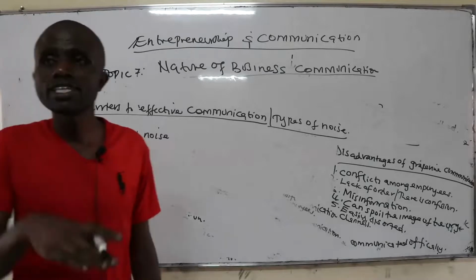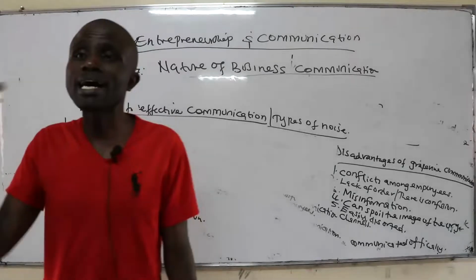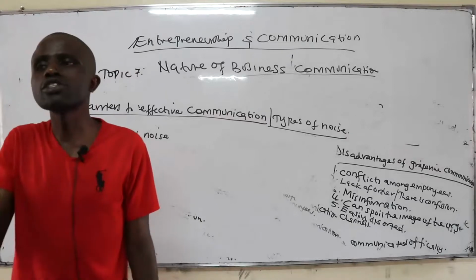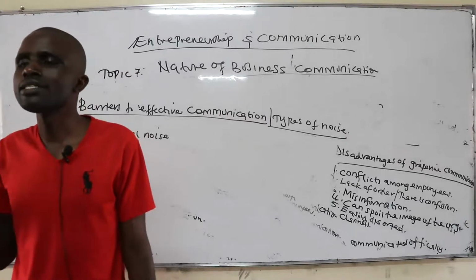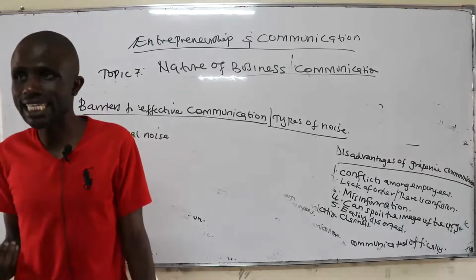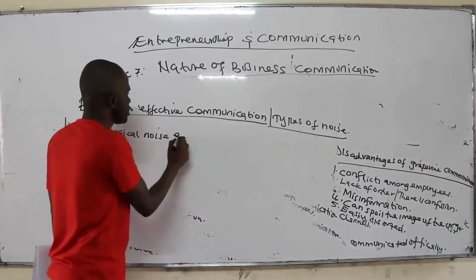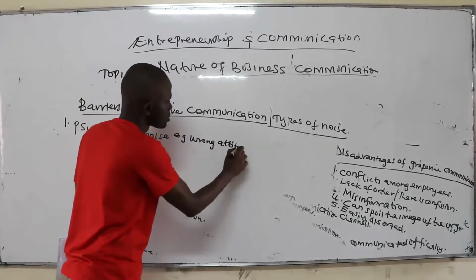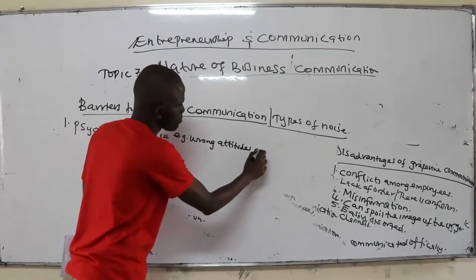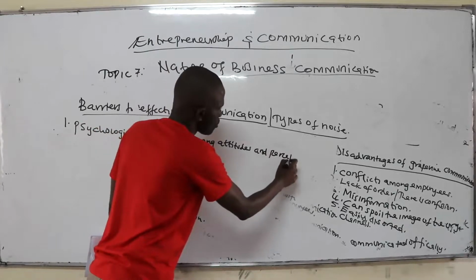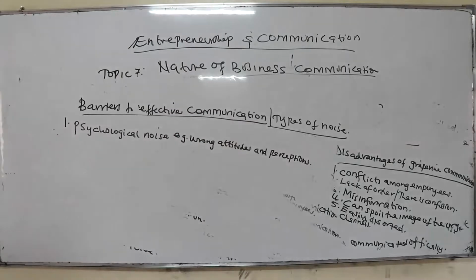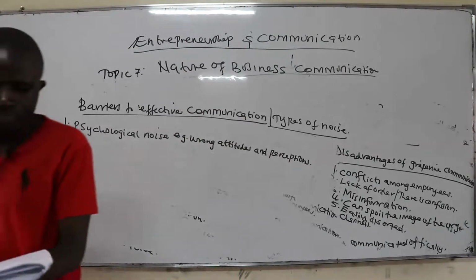Or you have a bad attitude towards the mathematics lecturer. That's what used to happen in high school. So you don't take his information seriously. Is that clear? So that is, e.g., wrong attitudes and perceptions.